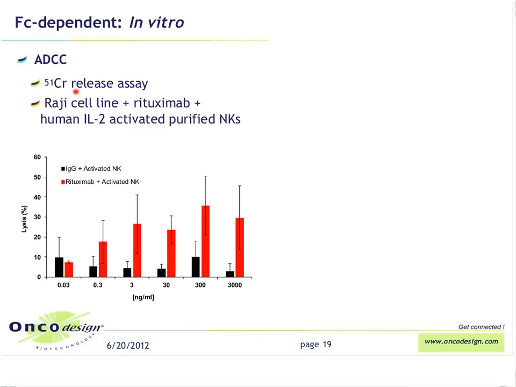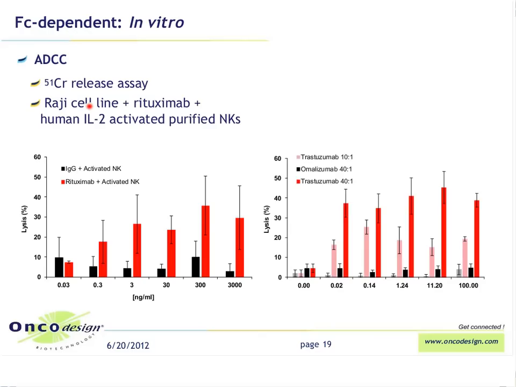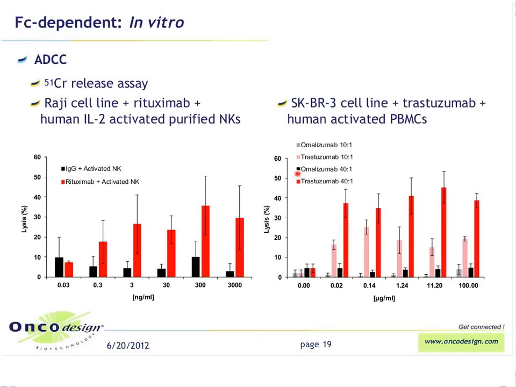This assay is using suspension cells, and another possibility is to also use adherent cells like the SKBR3 cell line as target, with trastuzumab, as SKBR3 is overexpressing the HER2 target. This experiment was done in the presence of PBMCs, also activated by IL-2, but not a purified population like NKs in the previous experiment.